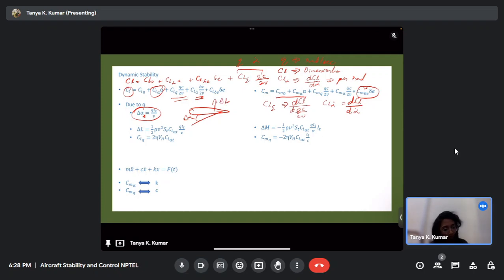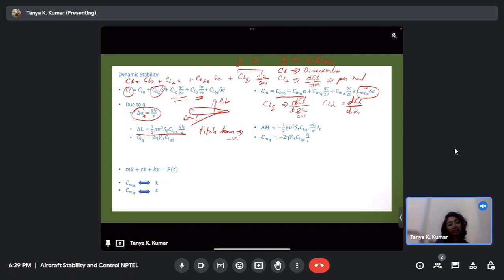You have delta L, given by this equation. Now when the lift at the tail increases, it will produce some change in moment at the CG. Will it be positive or negative? According to our convention, pitch down is negative.